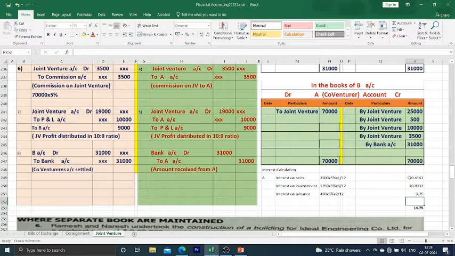So this amount, the red color amount, take it. These two amounts are to be paid to joint venture. This amount is received from joint venture.